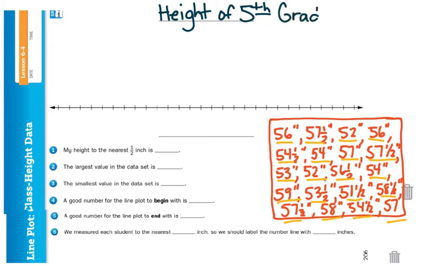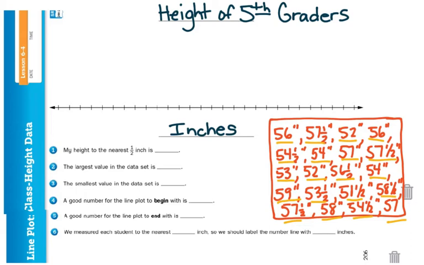And because it's a title, we want to capitalize everything but the word of. We want to go ahead and write inches down at the bottom because we measured in inches.